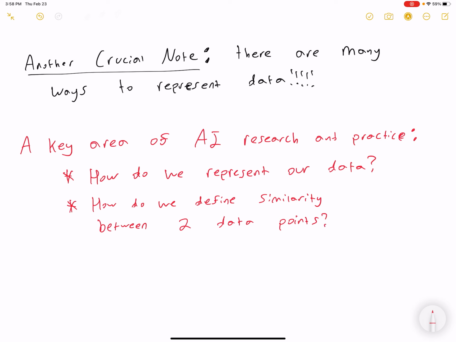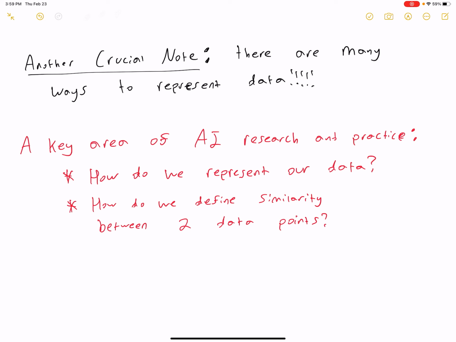So the second thing here is kind of domain specific. Like if you're doing biology, there's probably some good ways to define similarity. If you're doing computer vision, there's other good ways to do it. So we won't go into too much of that right now, but this first question is kind of key in general. It's also domain specific often, but it's not always domain specific. You know, how do you represent your data well?